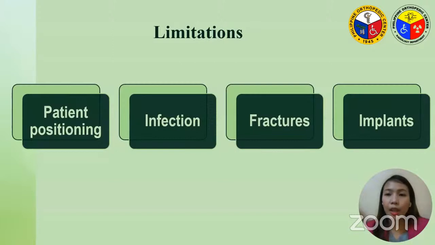Patient participation and the capacity to relax the muscles can have an impact on the scanning procedure. Infections and fractures can cause pain and can affect arm mobility, thus limiting patient positioning. Implants can cause artifacts that can impede the optimal diagnosis of shoulder joint disease.